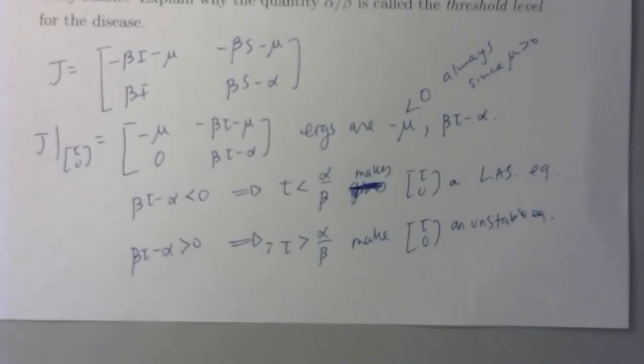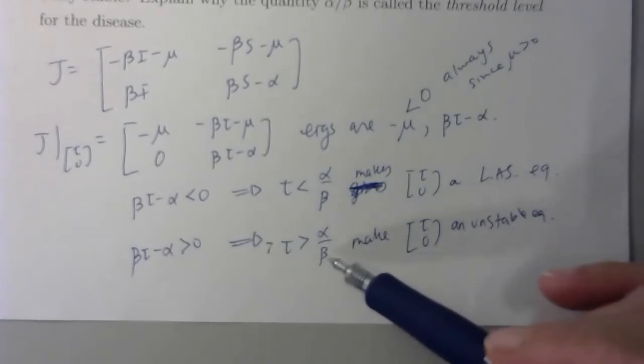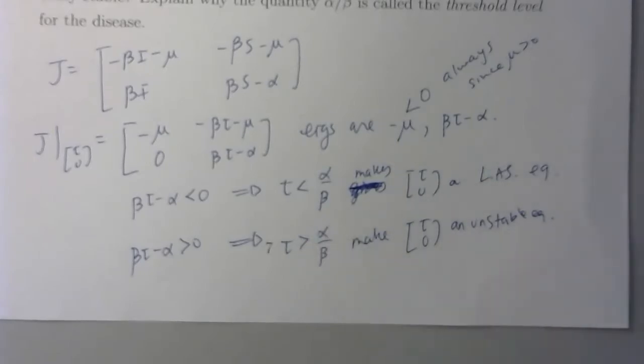In the parameters that we chose for the example on page 6, this wasn't the case, right? Because if you don't recover fast enough, the disease can spread, and then it's unstable. And that's the case here. Now this says if this ratio is easier to overcome for a certain population level, then your recovery isn't fast enough, and so you have an unstable equilibrium instead. Okay, so hopefully that makes sense.